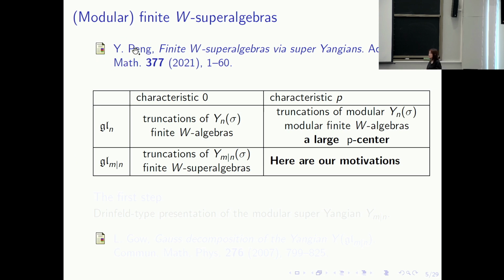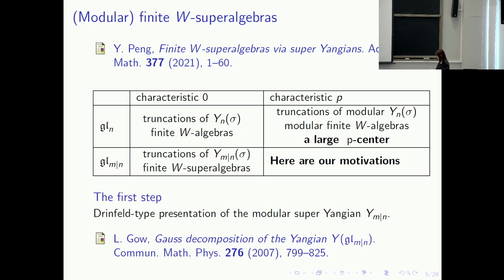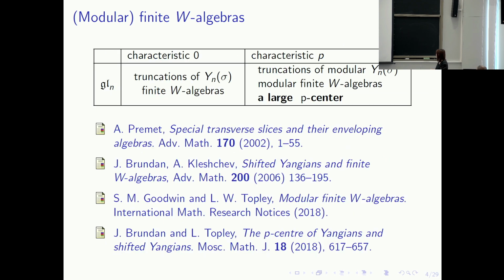Here are our motivations. We want to extend Peng's work to positive characteristic and obtain the super versions of Goodwin, Brundan, and Topley's work.